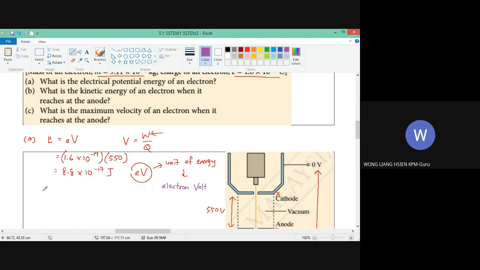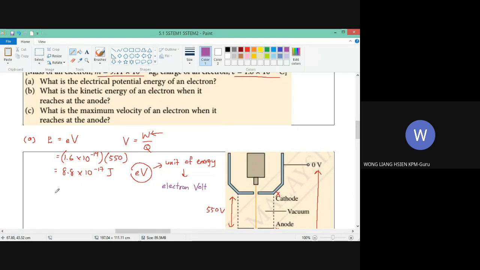However, if you don't want to, using joule is perfectly fine. But this unit is something that you need to know. Although it is not compulsory that you must use it, you need to know this unit.